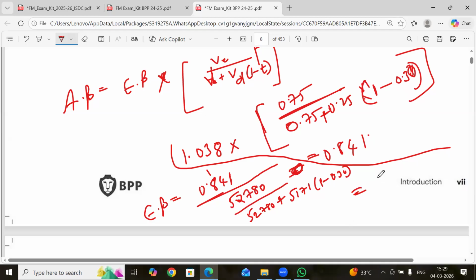It is 0.841 divided by 52,780 by 52,780 plus 5171 into 1 minus 0.30. You have to solve everything, you'll get the answer.